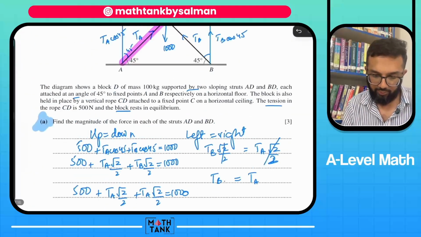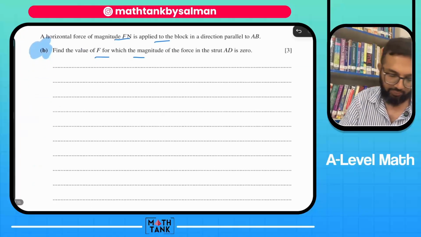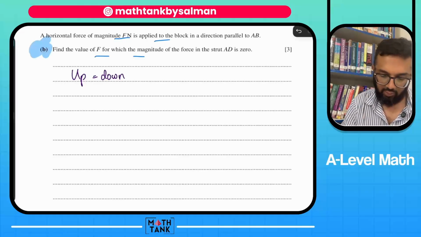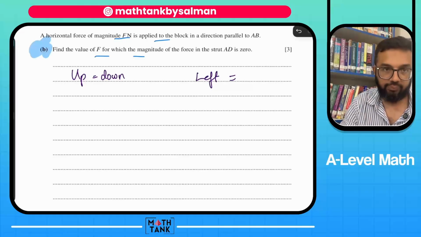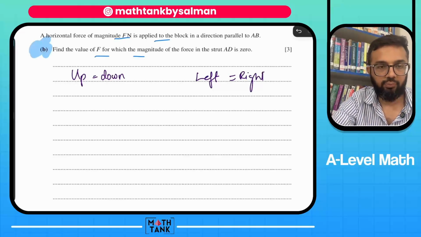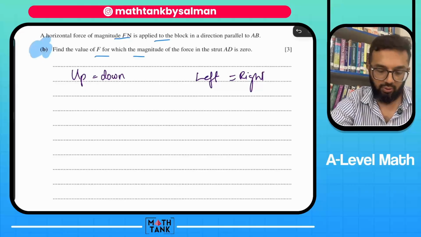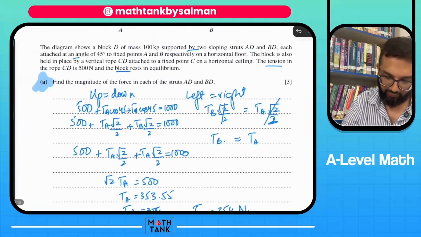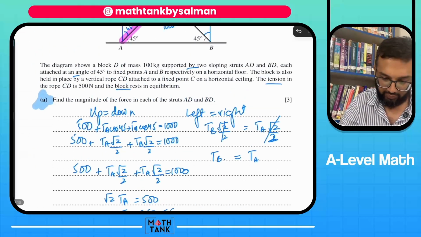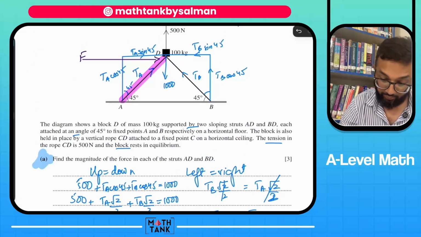Okay, so I'm going to solve this again. I'm going to say up equals down, and left equals right. Up is 500, down is 1000 only.